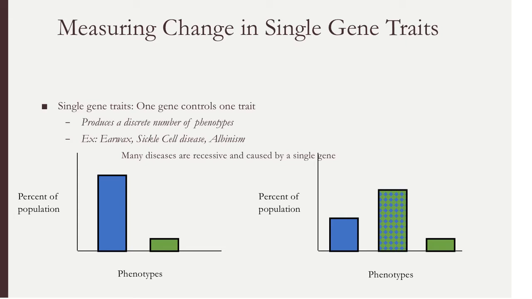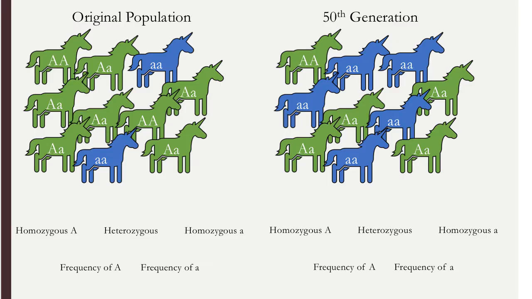And on the bottom right, what's that an example of? Codominance. Either way, it's really easy to measure, and you can see how many organisms have each type of phenotype. To actually measure evolution, you would have to know their genotype.